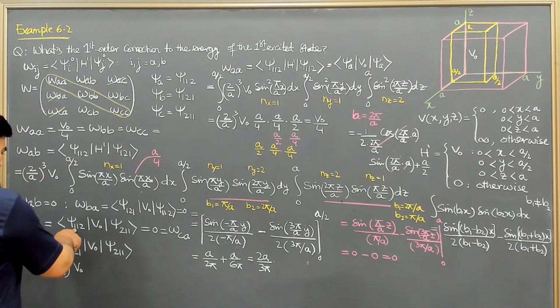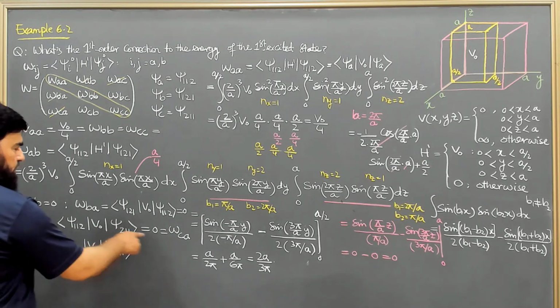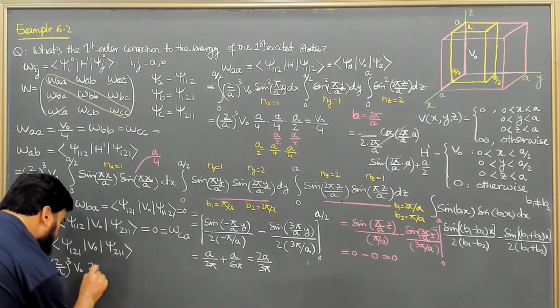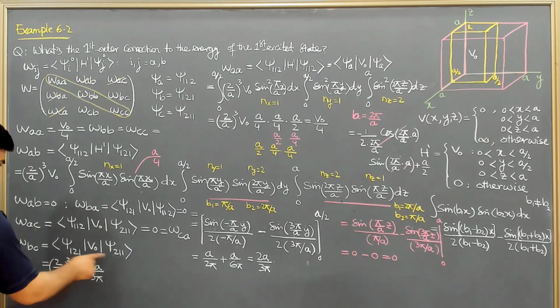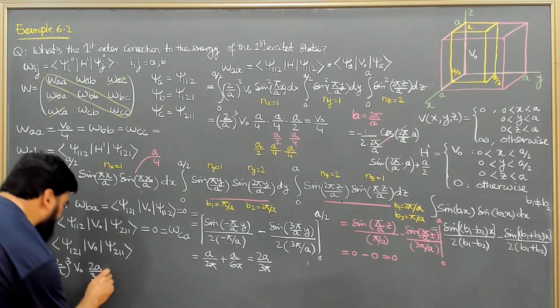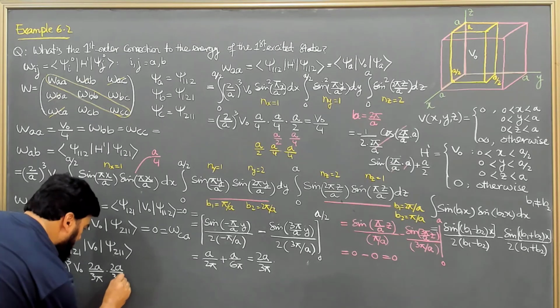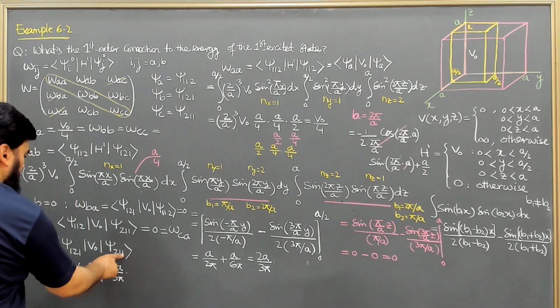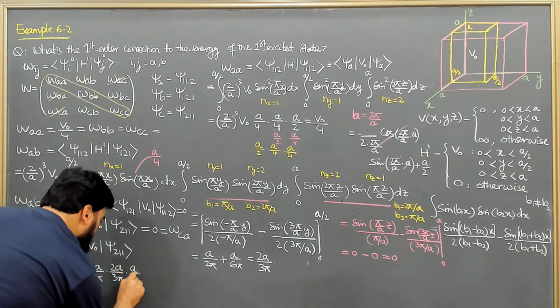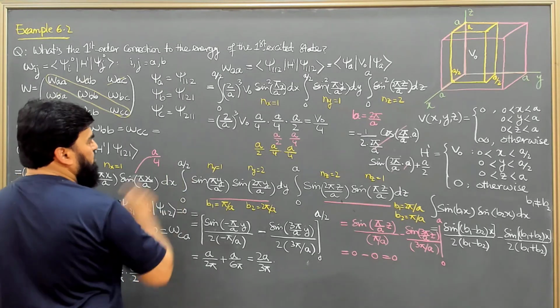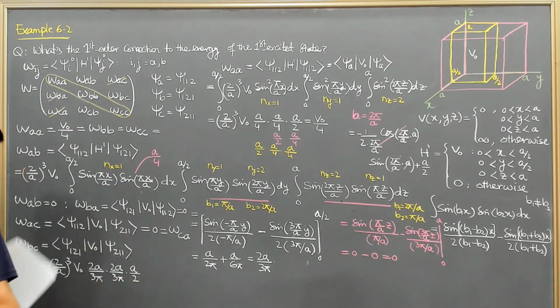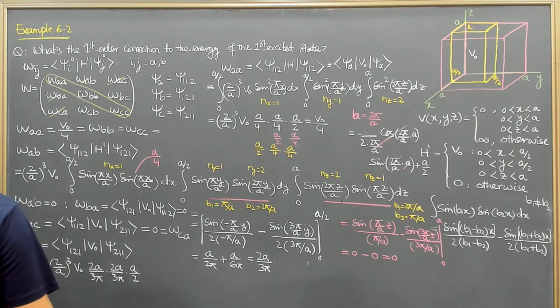The first integral, the 2 1 2 combination, will give us 2a over 3 pi, and the next integral, which is 1 2, has given 2a over 3 pi, then 2 1 will give us 2a over 3 pi, and then 1 1 will give us, as we have calculated earlier, just a over 2, not a over 4, because a over 4 was for the limit 0 to a over 2, and for the limit 0 to a we have earlier calculated that it gives a over 2.